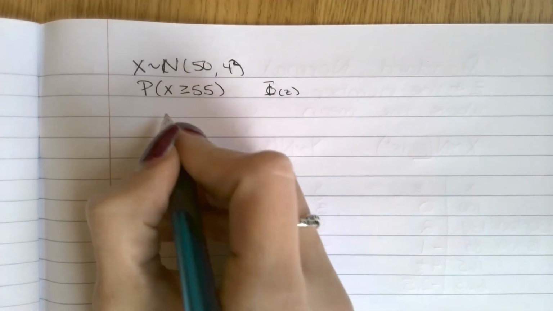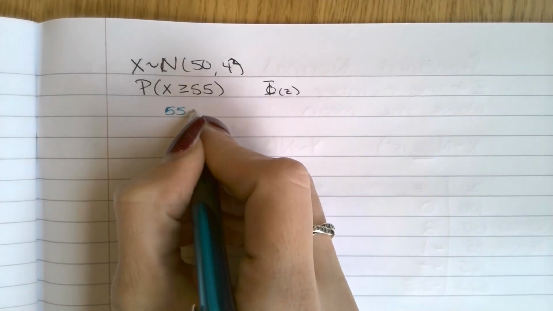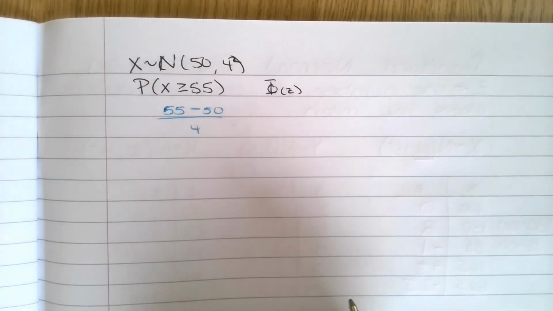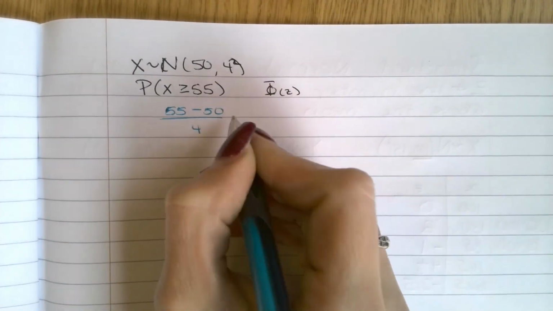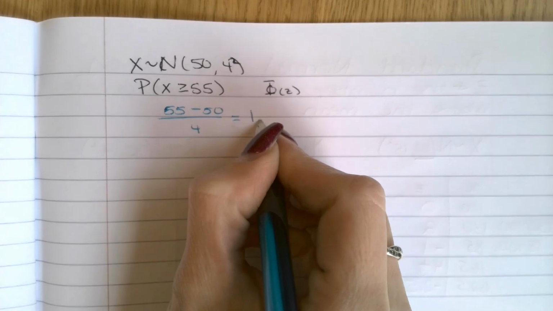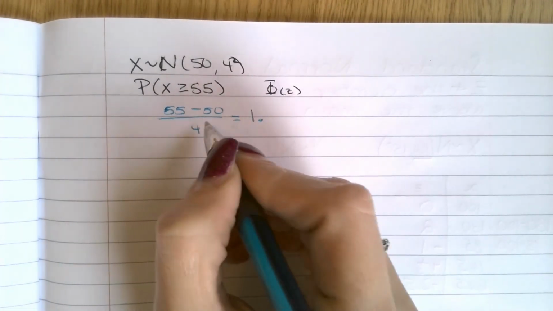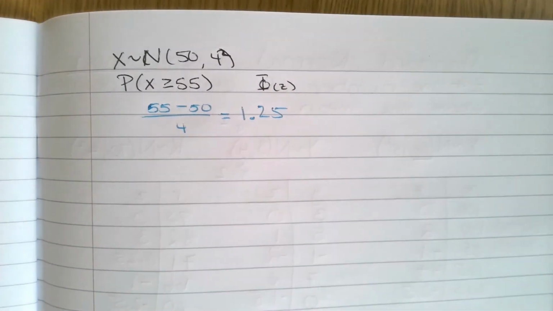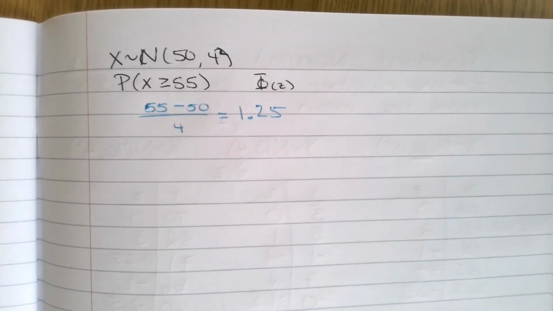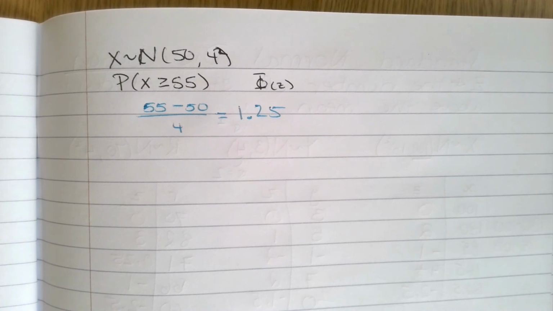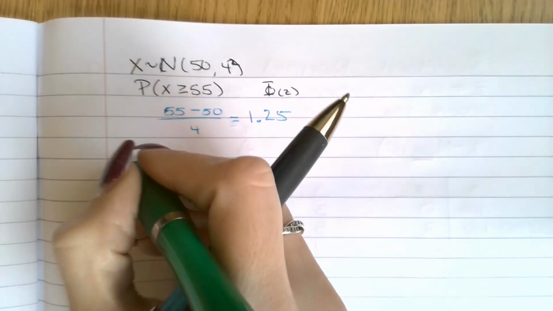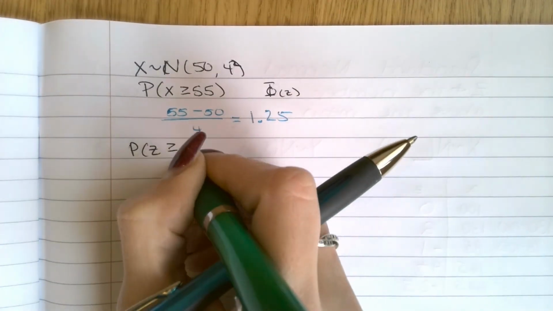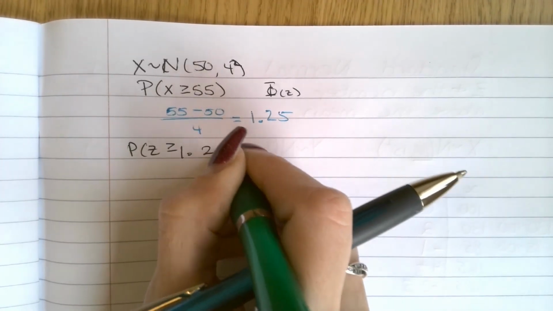So we will take our value, subtract the mean, and divide by our standard deviation, which will give us 1 and 1/4. So that's great. We now know that we are looking for the probability that z is greater than or equal to 1.25.